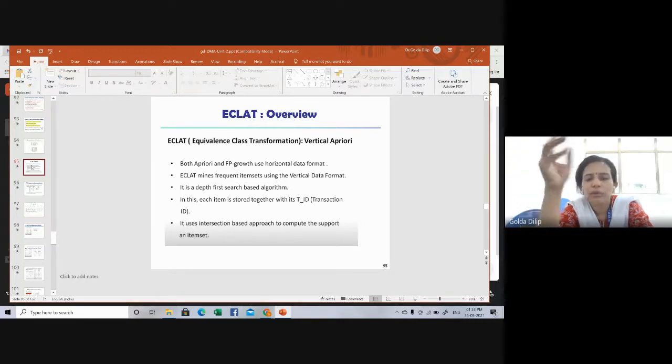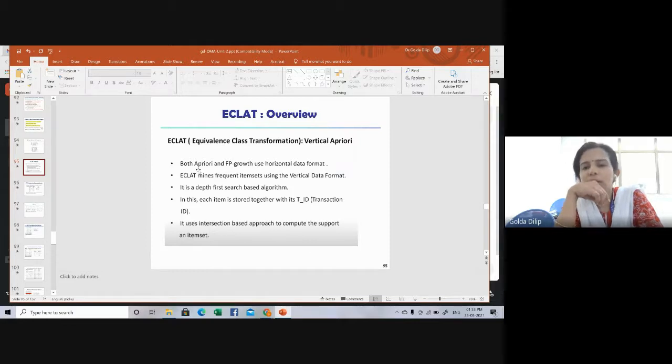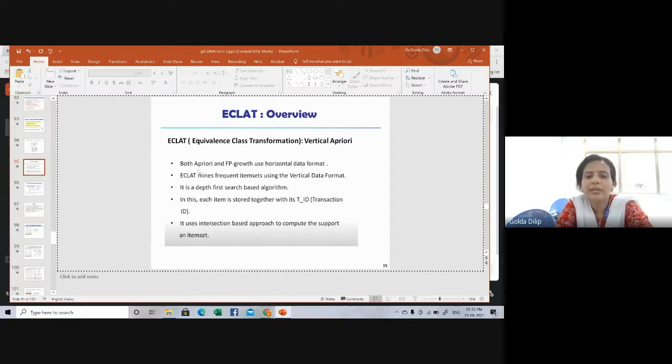Here is an overview of the algorithm: both Apriori and FP growth use the horizontal data format, whereas ECLAT mines frequent item sets using the vertical data format. It is a DFS-based algorithm.